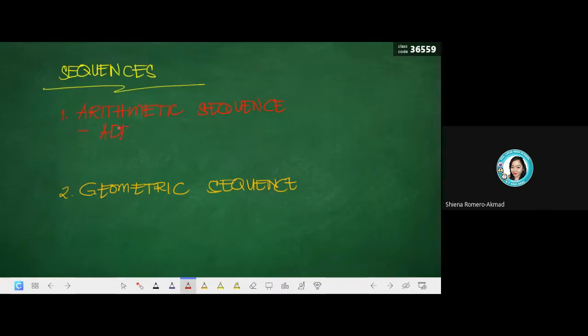Or we can say that we add a constant number to the previous term for you to get the next term. How about for geometric? Multiply po. Yes, we simply multiply for us to get the next terms.